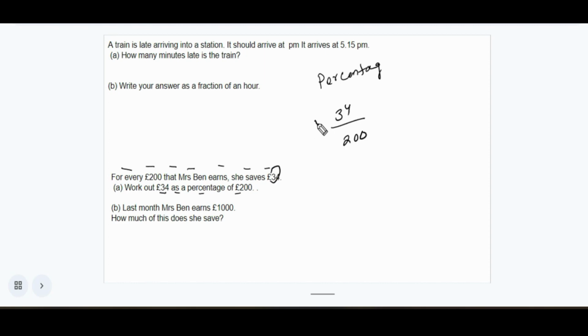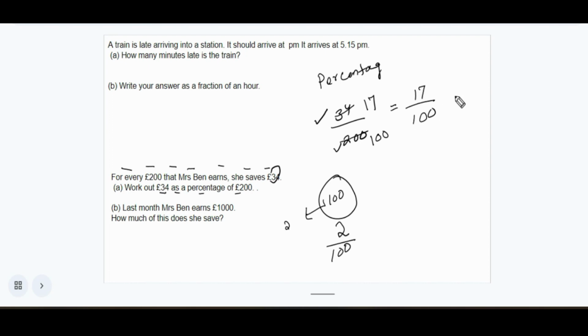If I have a packet of 100 chocolates and I am taking 2 out of it, the fraction is 2 out of 100, right? Here she is saving 34 from 200. Now we can divide it by 2. 2 times 17 is 34 and 2 times 100 is 200. So we already have a percentage because 17 out of 100 is 17%, right?